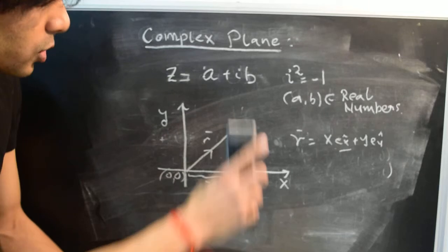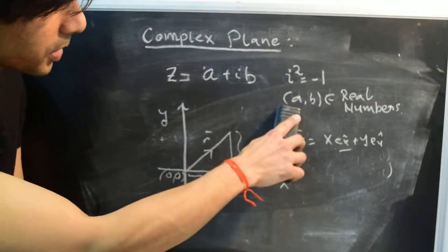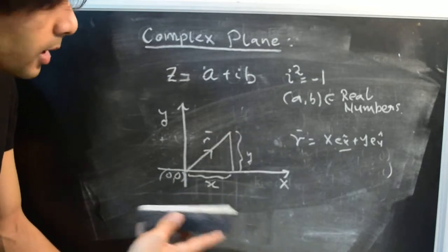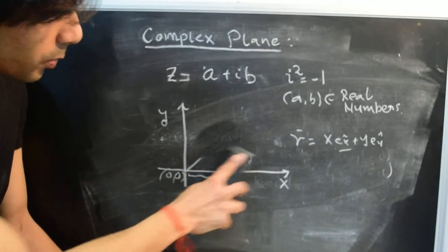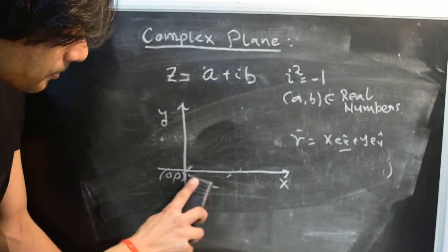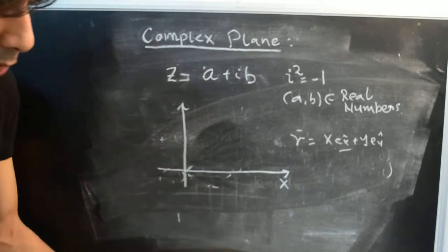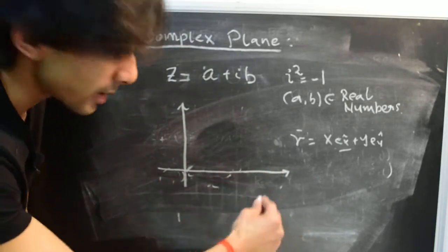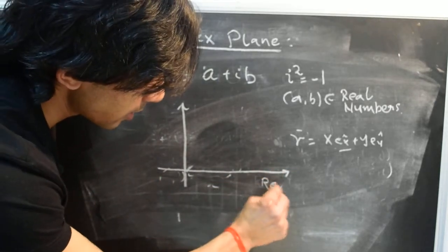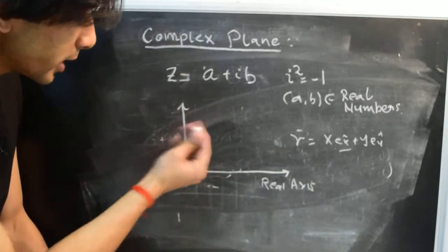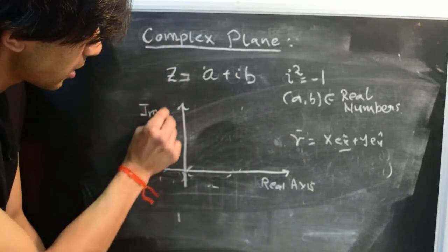Now the idea is that since a complex number is composed of two real numbers of the form a and b, we can also try to represent a complex number on such a two-dimensional plane. And then we'll simply relabel the axes, where the horizontal axis we call the real axis, and the vertical axis we call the imaginary axis.